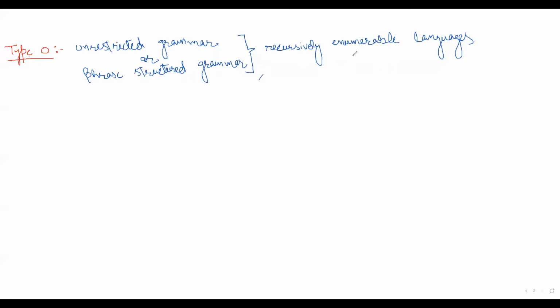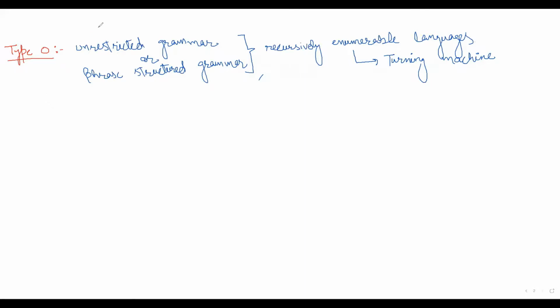And for this type of language, we have a mathematical model to recognize it, and that mathematical model is called Turing Machine. Okay. So we have to discuss Turing machines in great detail, and about these recursively enumerable languages also. But here you have to understand that these types of languages are generated by a grammar which is called a type 0 grammar. Fine.